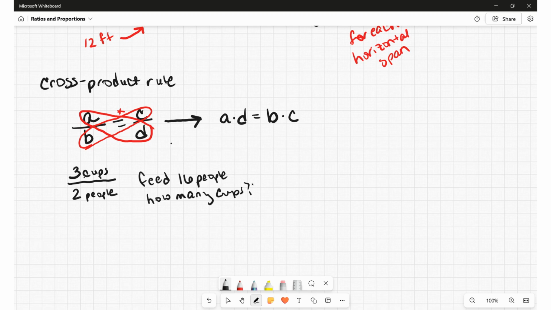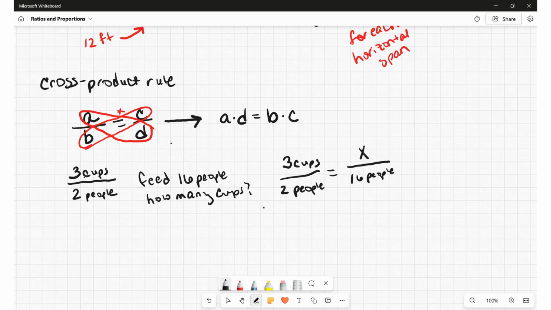Okay. So because we have 3 cups, we're told that it serves two people, order matters. The people have to be on the bottom. And let's just use X for our unknown here. Okay.